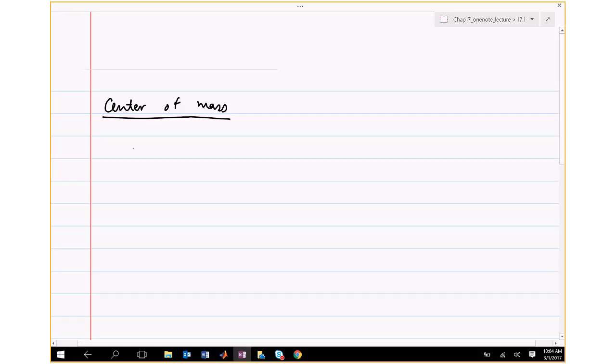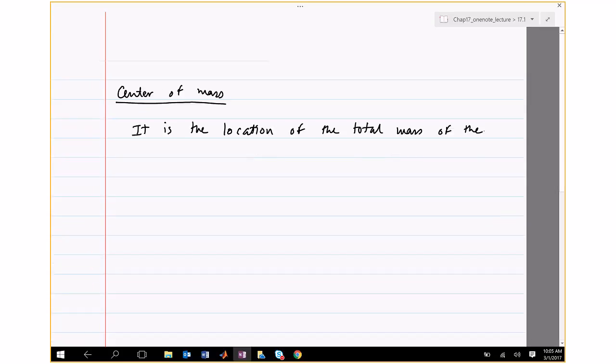The definition is, it is the location of the total mass of the body, and it's denoted by x bar, y bar. Since we are only doing planar rigid bodies, we are not interested in z bar, but a three-dimensional body would have a z bar too.